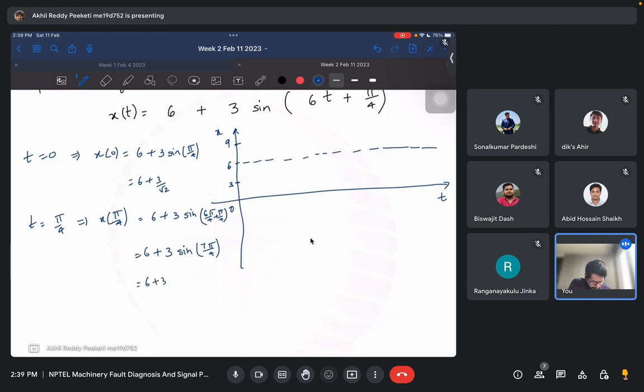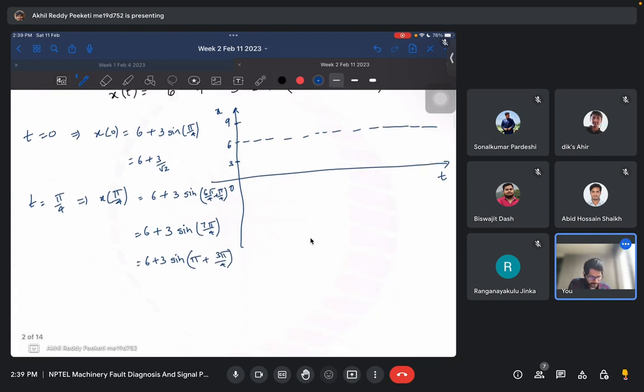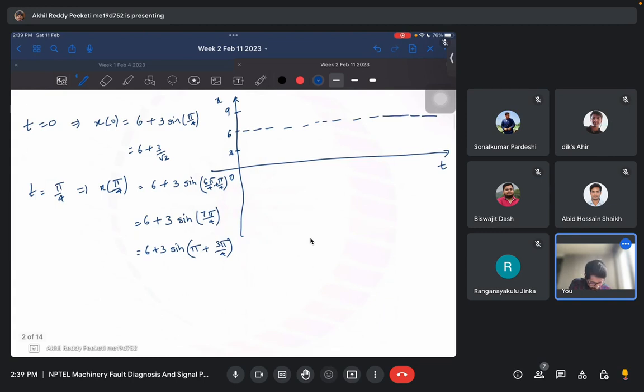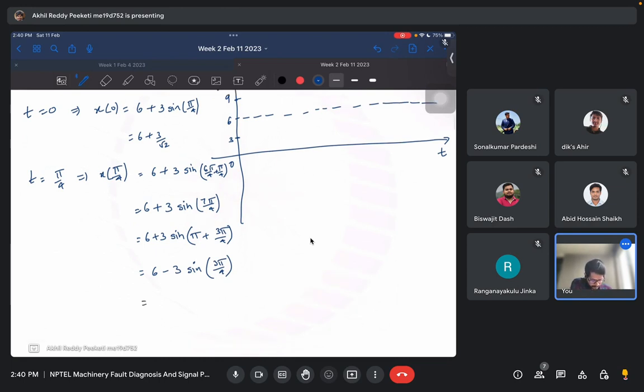So this would actually be pi plus 3 pi by 4. So 6 plus 3 sine of pi plus, what would be sine of pi plus? So it would be minus sign, right? So this pi by 4 would be again 6 minus 3 by root 2.